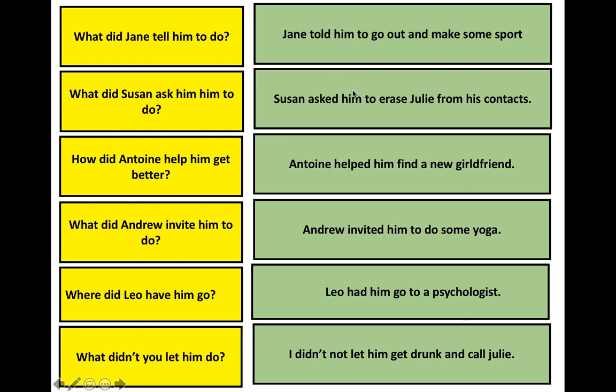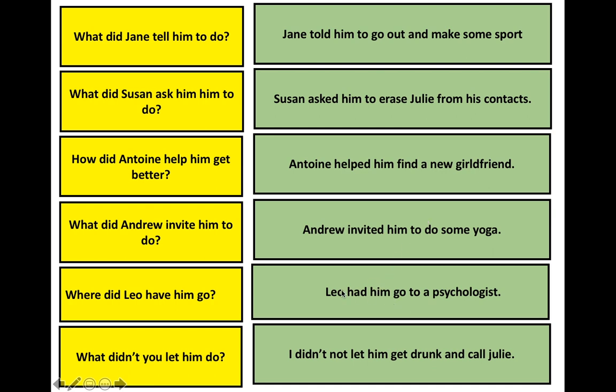Ask, and then the object, and then a verb with to. Help him find. After help, we use an object, and then we use a verb in the simple form. Invite him to do. After invite, we use the object pronoun, and then we use a verb with to.